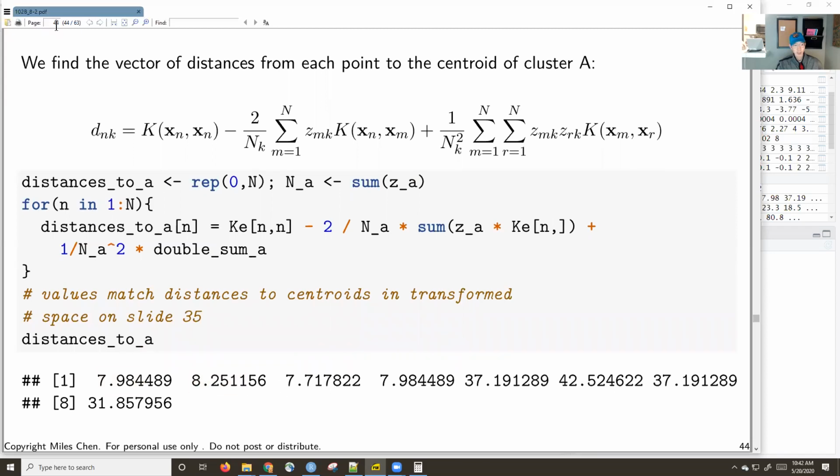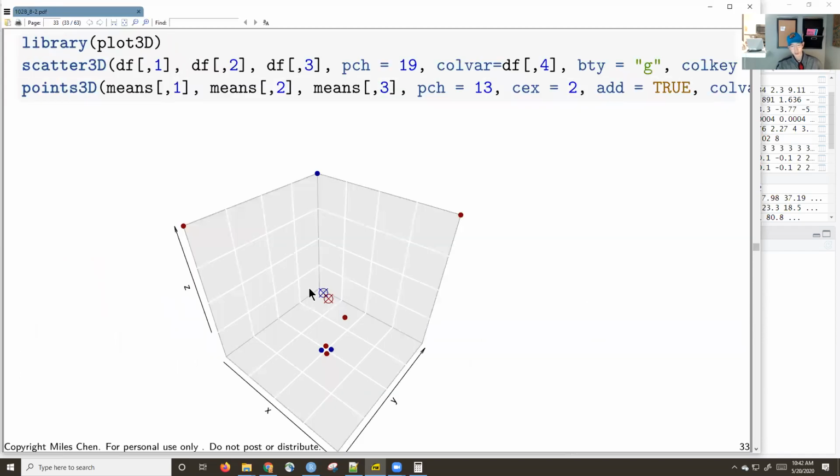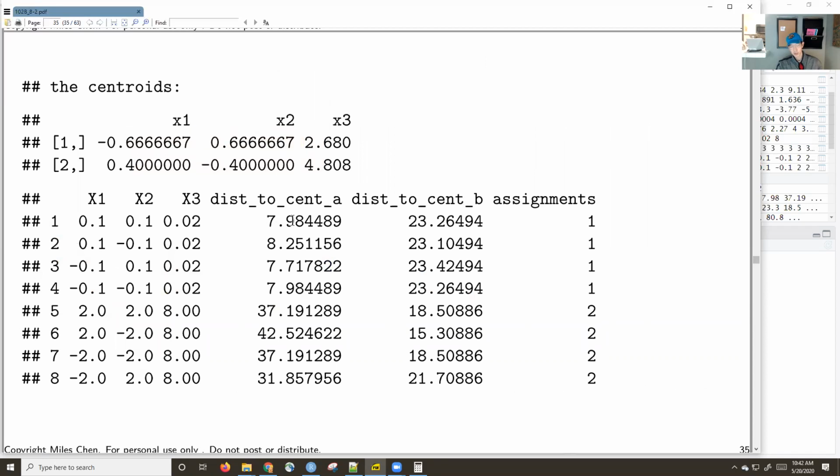7.717. If I flip back to this slide, where I calculated the centroids in three-dimensional space, by doing the transformation, I got the distances to the centroids. I get the same values: 7.984, 8.251, 7.717, and 7.984.